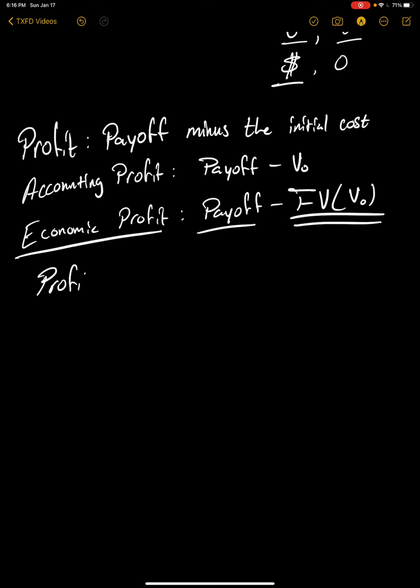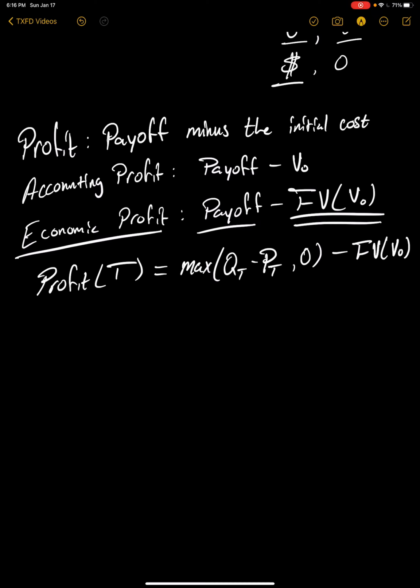So profit at time t is equal to max of the value of Q at time t minus the value of P at time t, and 0, and that's the ending parentheses there. So this minus is outside the parentheses, minus the future value of the initial cost of this option.